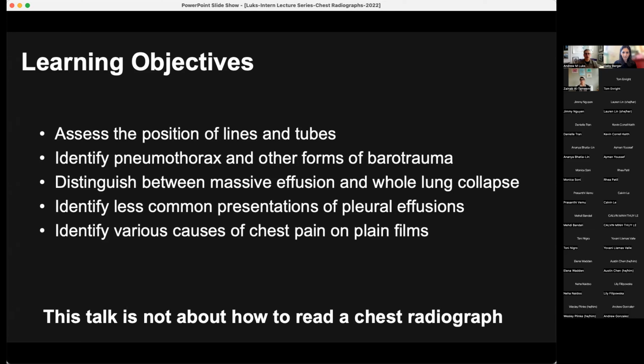So we're going to spend some time talking about how to assess the position of lines and tubes, how to identify pneumothorax and other forms of barotrauma, how to distinguish between a massive effusion and collapse of an entire lung, how to identify less common presentations of pleural effusion, something you'll see often, and then how to identify a couple of other types of causes of chest pain on plain films.